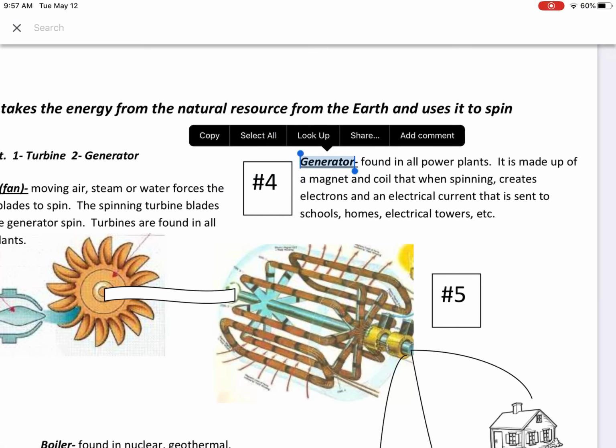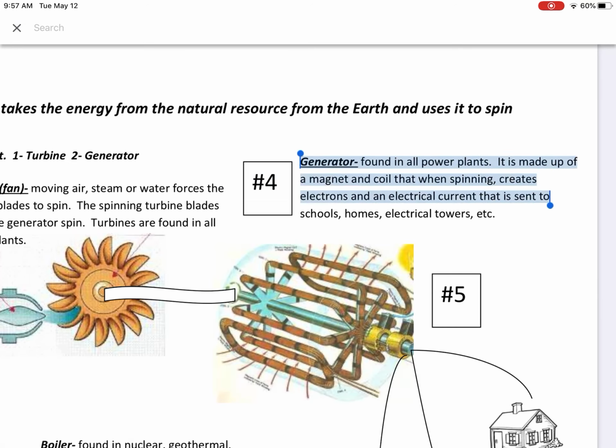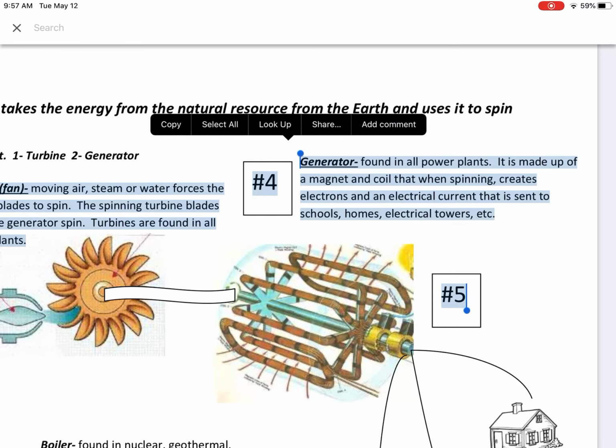Now, what is a generator? This is very important. This is made up of a magnet and a coil. And when the turbine spins, because it's a fan, that's what it does, it begins to move the generator. And the magnet and the coil begin spinning as well because it's connected to the fan that's spinning.